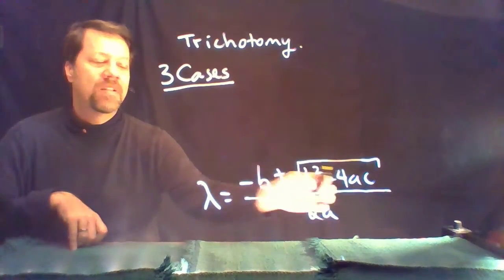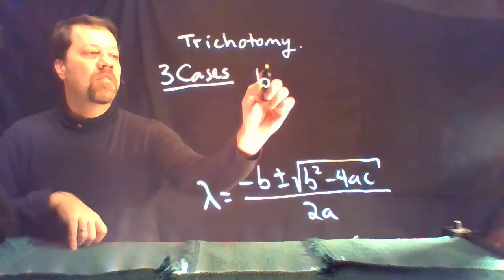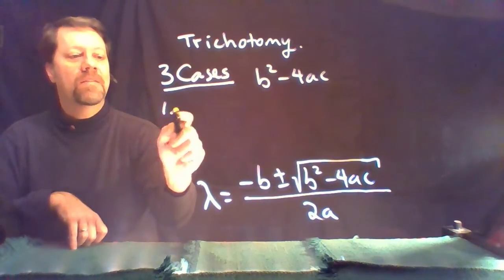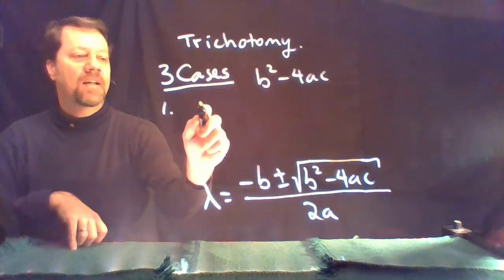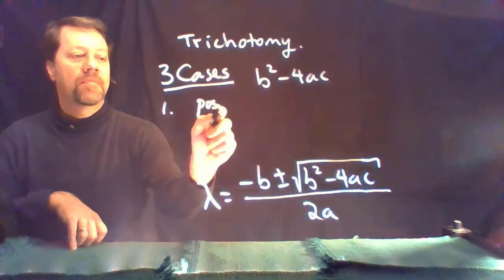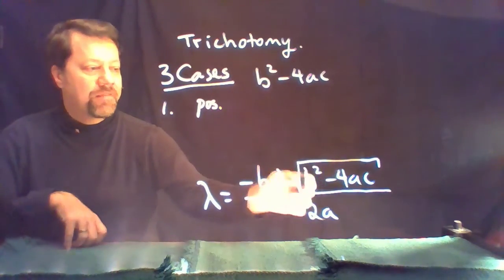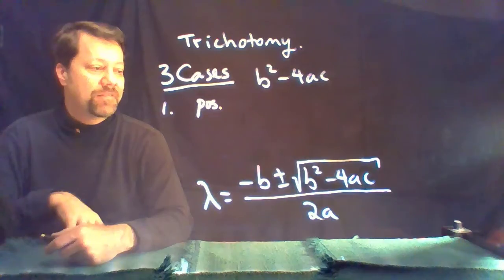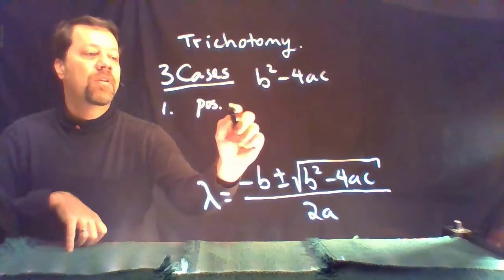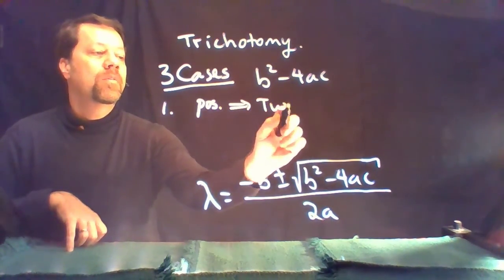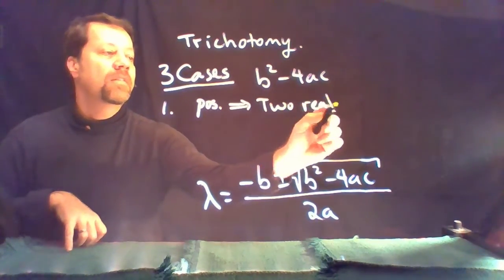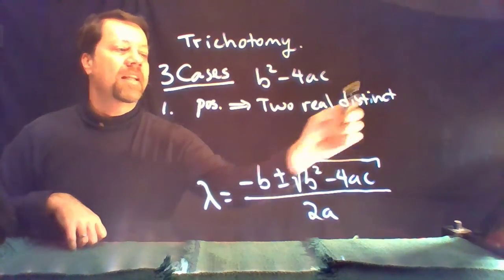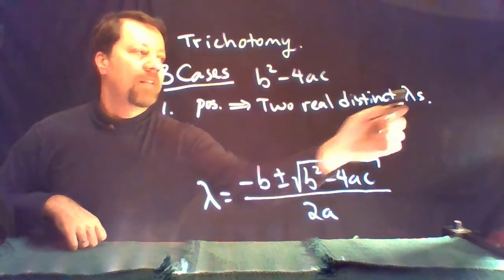Under the radical, b squared minus 4ac can take one of three possibilities. One, it can be positive. If b squared minus 4ac is positive, then we get two real distinct lambdas.